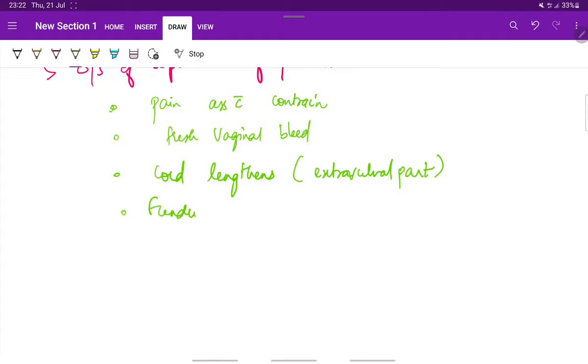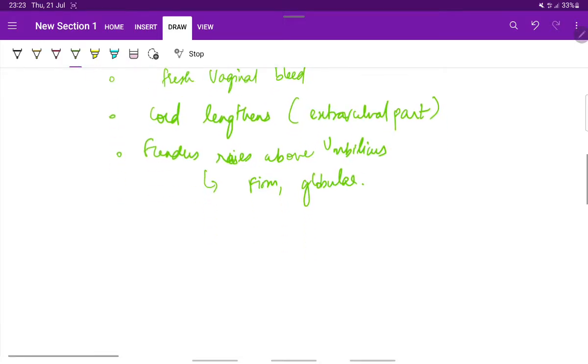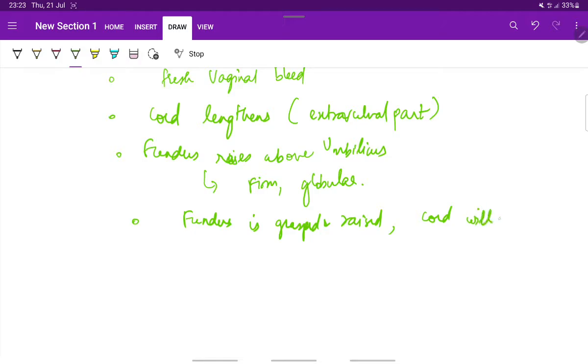Then the uterine fundus rises above the umbilicus. And the uterus becomes firm and globular. And then if the fundus of the uterus is grasped and raised, the cord will not recede back.